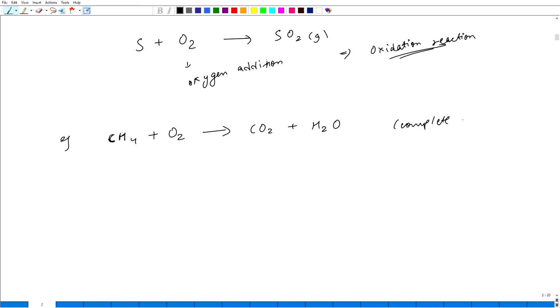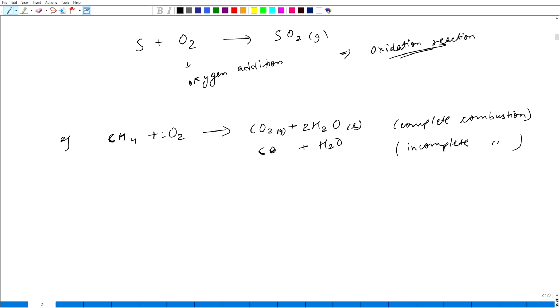You must have already studied that this reaction is complete combustion. If there is incomplete combustion of methane, then what does it form? It forms CO plus H2O, right. If we balance this equation, it will go 2 here and 2 here. This is a gas and this is a liquid.